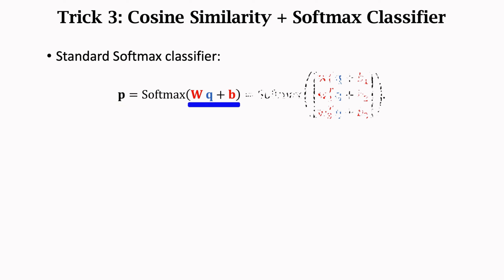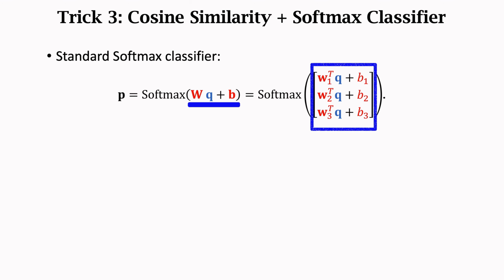W times q plus b is such a vector. If matrix W has 3 rows, then this vector is 3-dimensional. Its entries are W1 times q plus b1, W2 times q plus b2, and W3 times q plus b3.